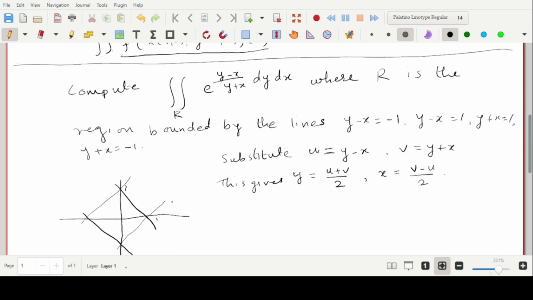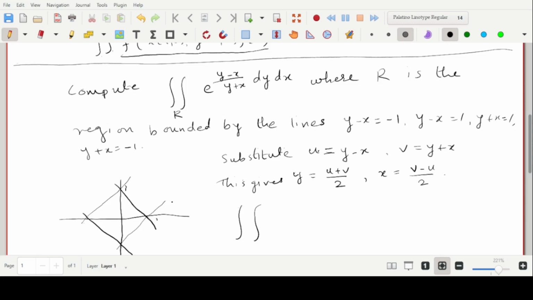Now what are the limits of integration? Let us first write our function here: e to the power y minus x over y plus x.